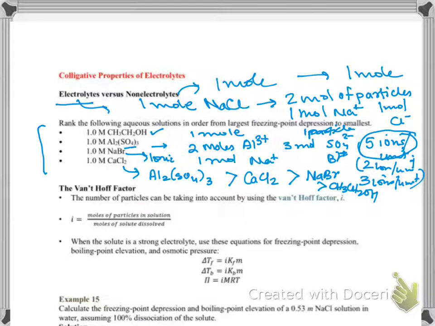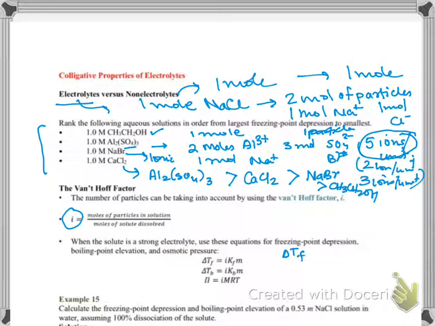So these ions that we are calculating here, how many ultimately are in the solution, that we give a name, Van 't Hoff factor. Van 't Hoff factor i is basically how many moles of particles are present in the solution. So if we are adding an electrolyte instead of a non-electrolyte, all your colligative property formulas will change.